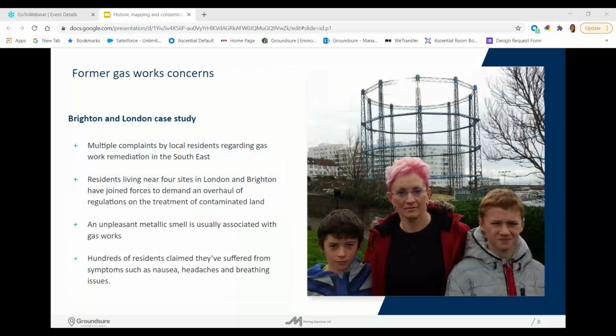But from a more recent occurrence, residents of areas surrounding a gasworks are claiming that the remediation of gasworks is detrimental to the health of the local residents. And again, this is based in Brighton as well as London.